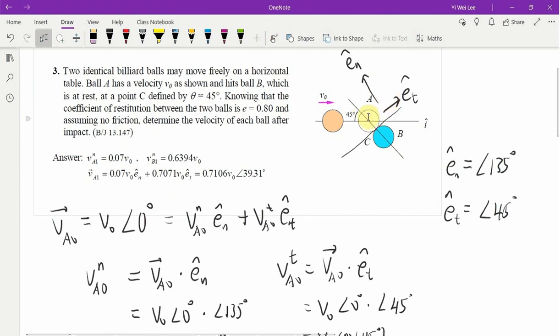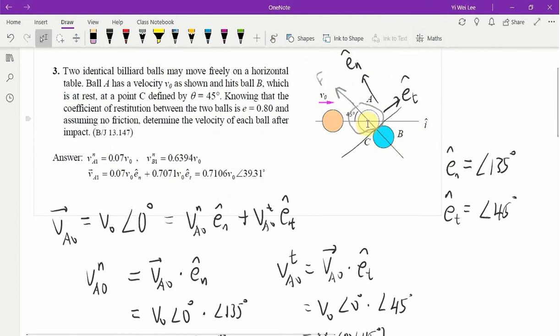When A collides with B, if we look at A as the only system, in other words, we draw a system boundary across A, the force acting on A is only along the EN direction, because the collision force is the only force we're concerned about. However, there are no external forces acting along the ET direction as far as particle A is concerned.